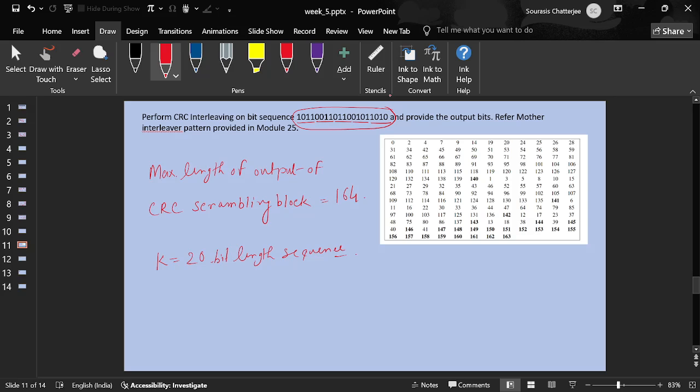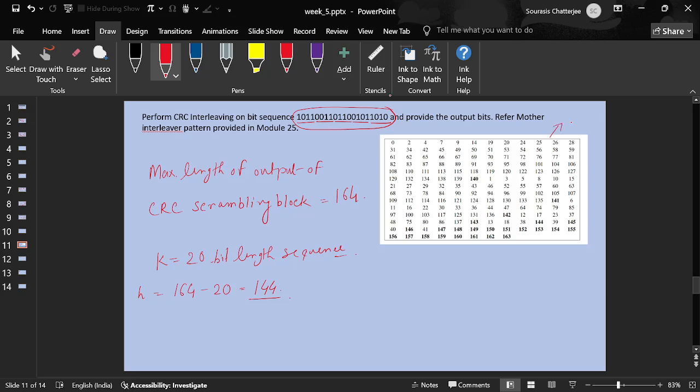We find the intermediate value: subtract 20 from 164. Okay, so some scalar, 164 minus 20, we get 144. Then subtract this from the table given and take all the values which are greater than 144, the positive values.